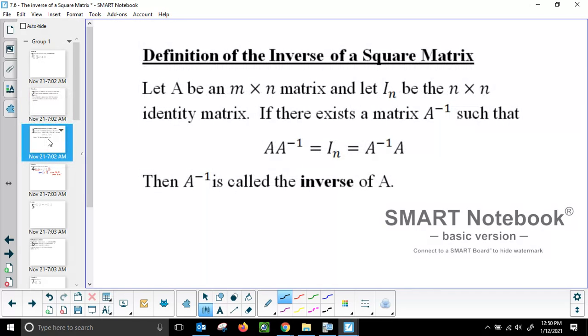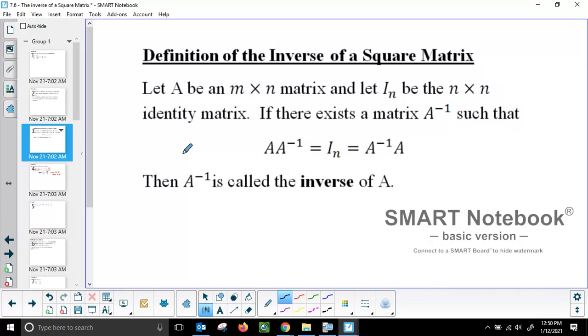Okay, so the definition of the inverse of a square matrix. Do note again that you can only find the inverse of square matrices. So our definition here says let A be an n by n matrix, and let I sub n be the n by n identity matrix.